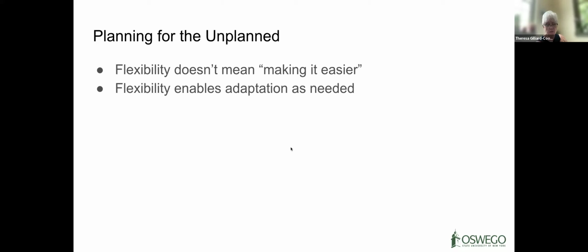I mean, for you, it could be your own illness or a family illness, a death in the family, so many different things that so many of our students deal with on a daily basis as well. So helping you plan for the unplanned can be beneficial to your students. And I'm sure there are other studies out there that show that.